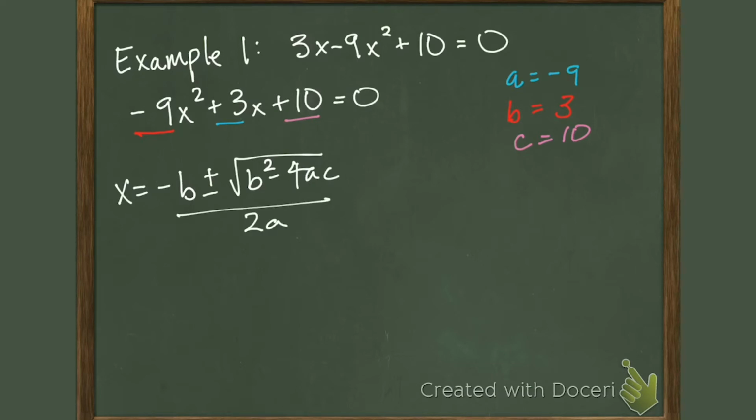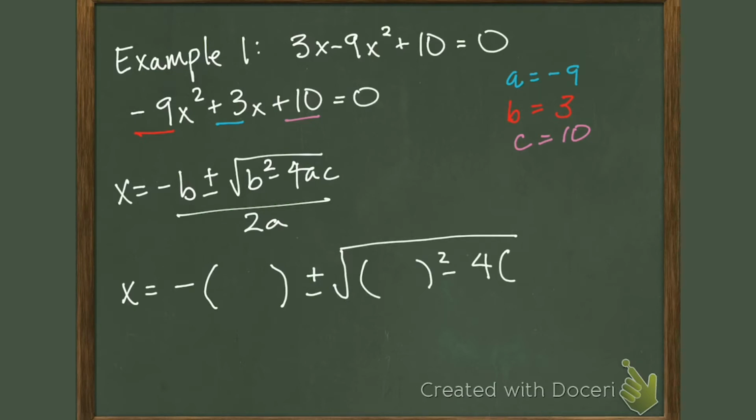Now we're going to plug in what we know. I suggest you use parentheses whenever you can, especially when it comes to the negative stuff. It is very helpful in making sure that you didn't miss a negative sign or anything.